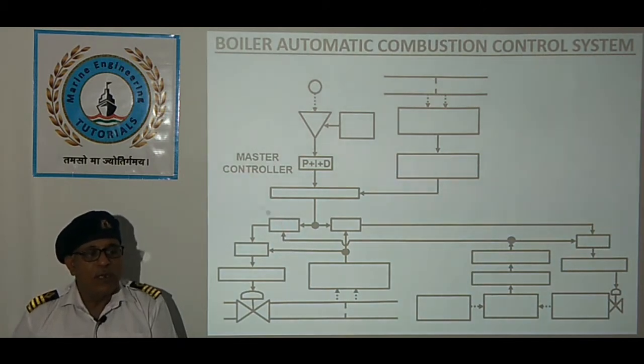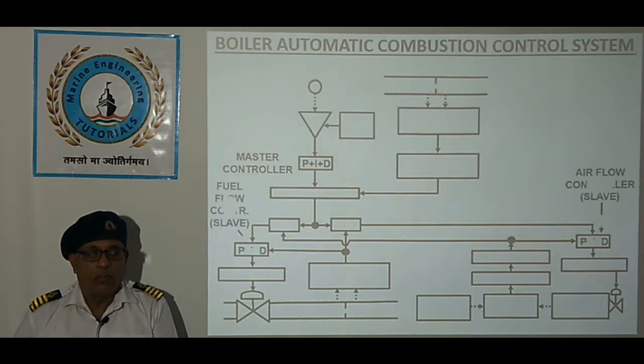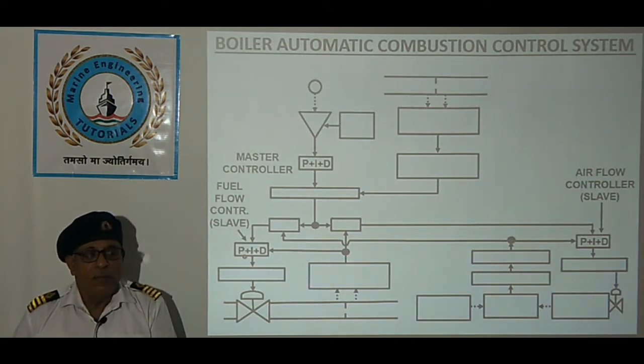So we have the master controller which senses the steam pressure and steam flow. It also consists of two slave controllers which are used to independently control fuel and combustion air supplies to the furnace. So we have fuel flow controller and air flow controller.